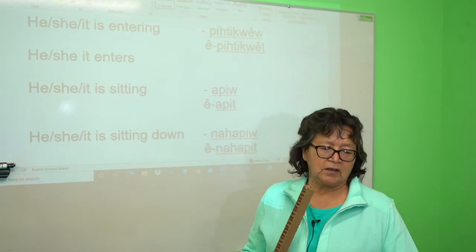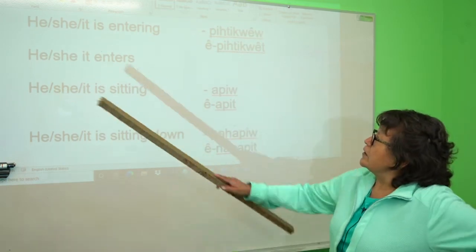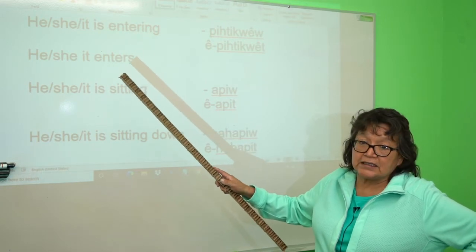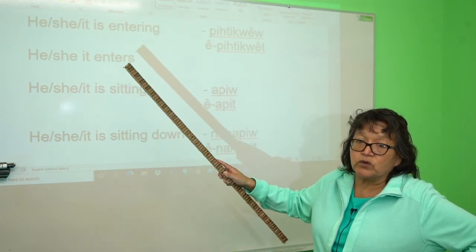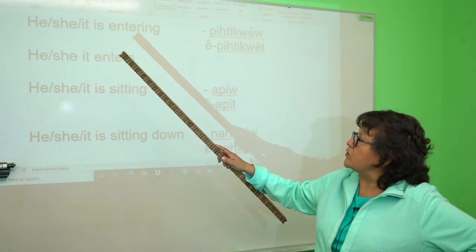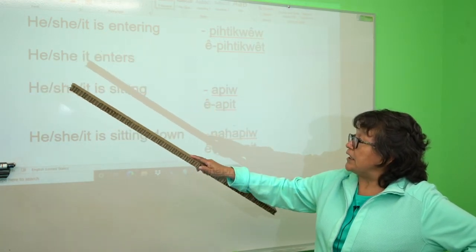Okay, so here again, this is the only time I translated it in the two terms you would use it in English. Okay, he, she, it is entering, or he, she, it enters.